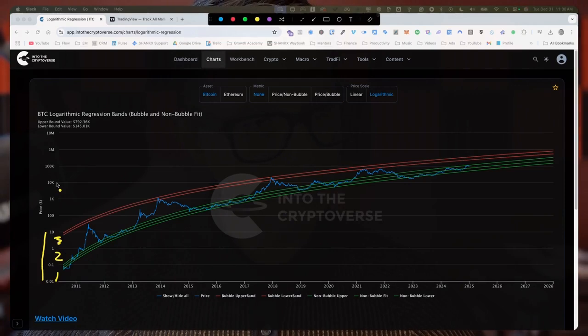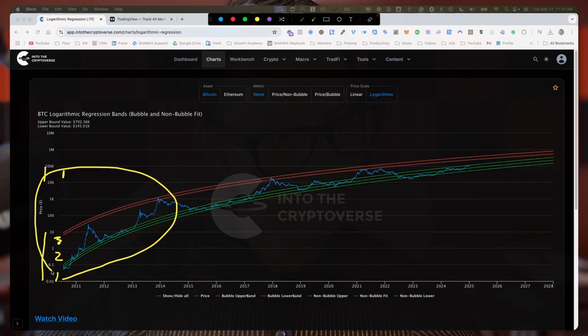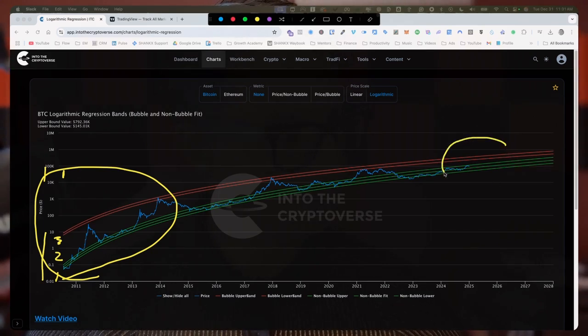However, here, the price going from 10 to 100,000 is only one band, right? Meaning that all the movements we see here in this phase were much smaller than here on the far right-hand side, where even a short movement represents a lot of value, which is great, right?